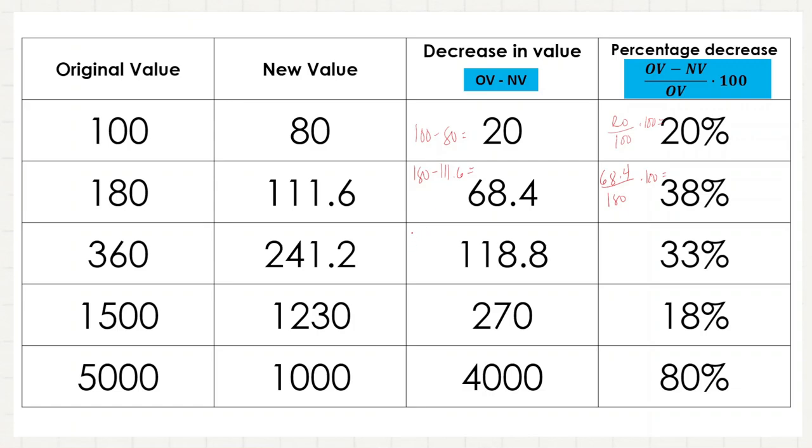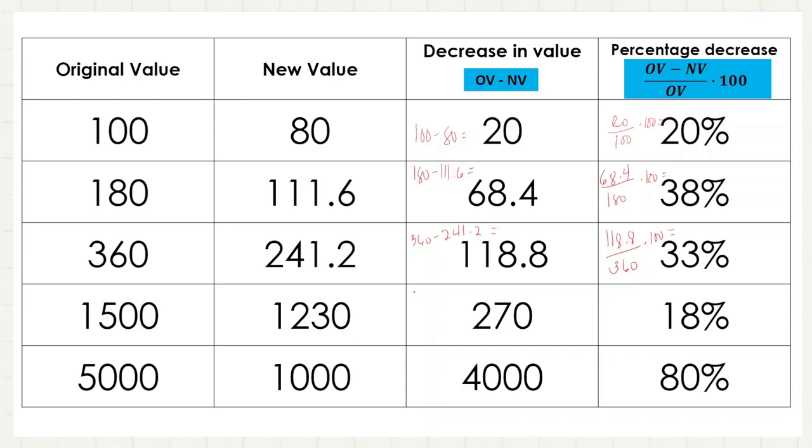Next one, we have 360 minus 241.2, which is equal to 118.8. That is the decrease in value. To get the percentage decrease, we have 118.8 divided by the original value, which is 360 times 100, and that is equivalent to 33%.